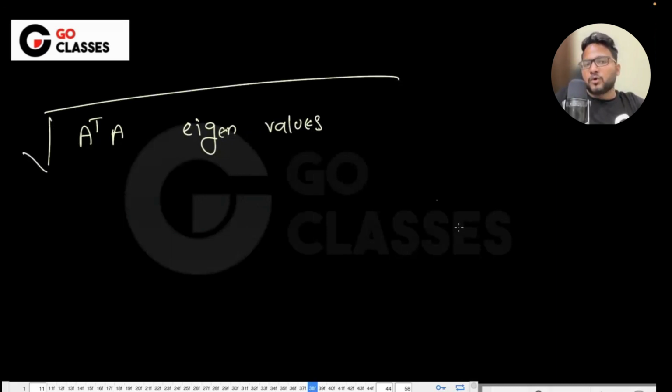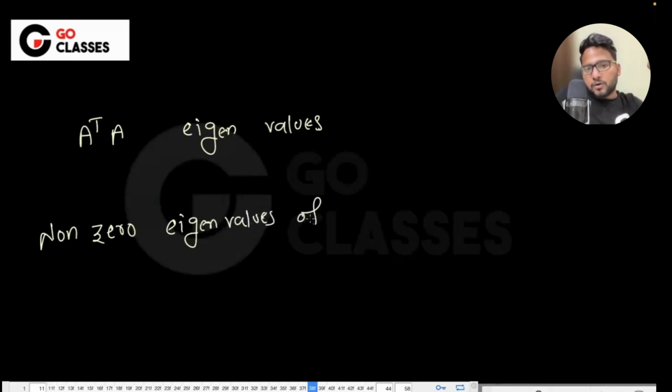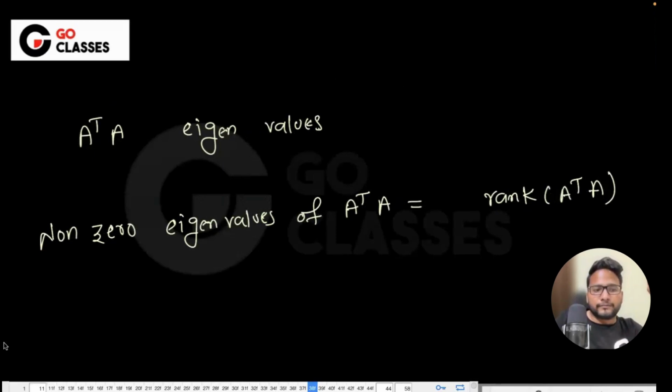If you take the square root of this, then it will be the singular value. You remember? So basically, since it is a symmetric matrix, the number of non-zero eigenvalues of A transpose A is equal to the rank of A transpose A. Is this okay to everyone? Why is that the case?